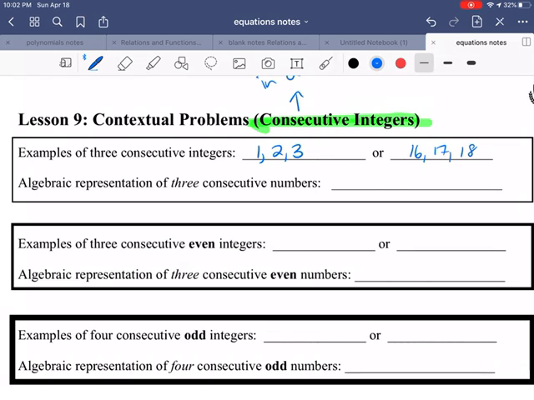We can start at any integer and call that n. The next integer after that would be n plus 1, and the one after that would be n plus 2, okay?